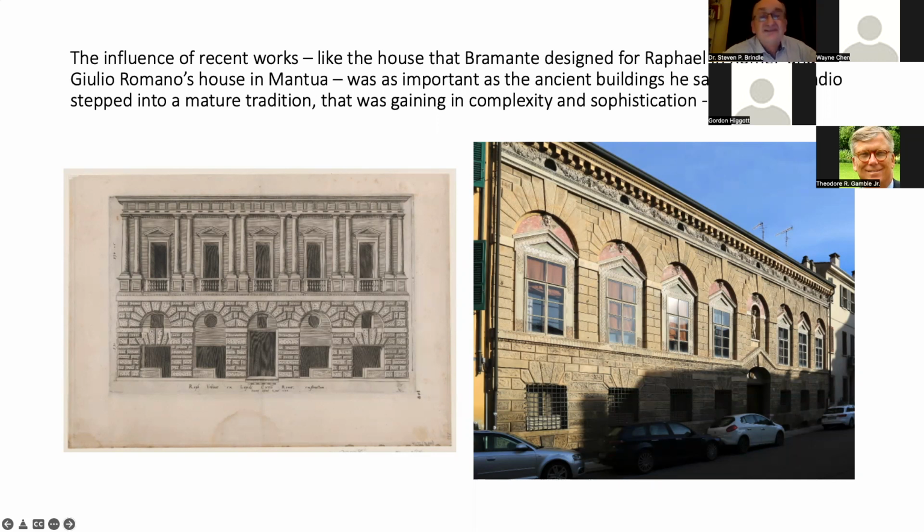And in works in particular like Giulio Romano's own house in Mantua on the right, and in the wonderful palace that Bramante designed for Raphael in Rome on the left. And Palladio saw both these things, and they were both important influences on his work. So he's stepping into a mature tradition. He is not a pioneer in this sense, whatever else he is.